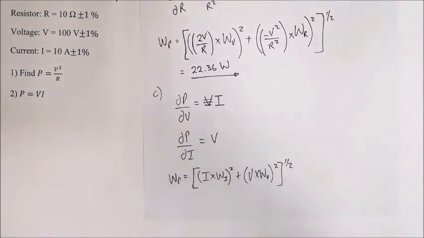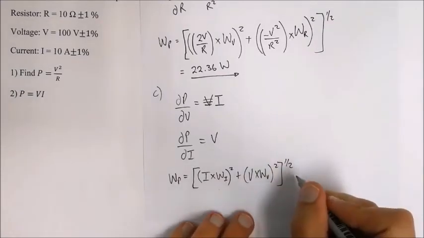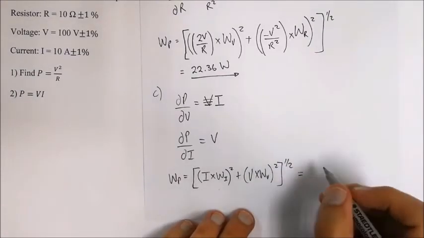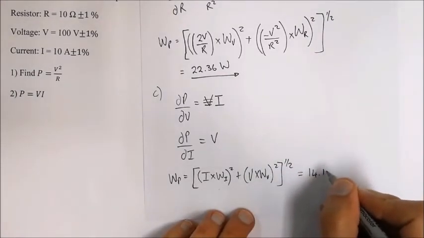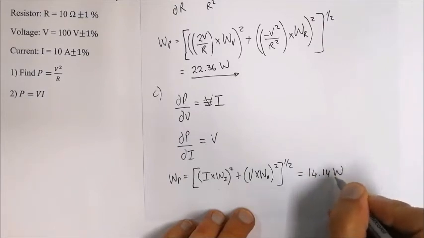Again I'm leaving it as an exercise for you to get the weighting factors and then to do the substitutions correctly, and once you've done that you should be getting an answer of 14.14 watts.